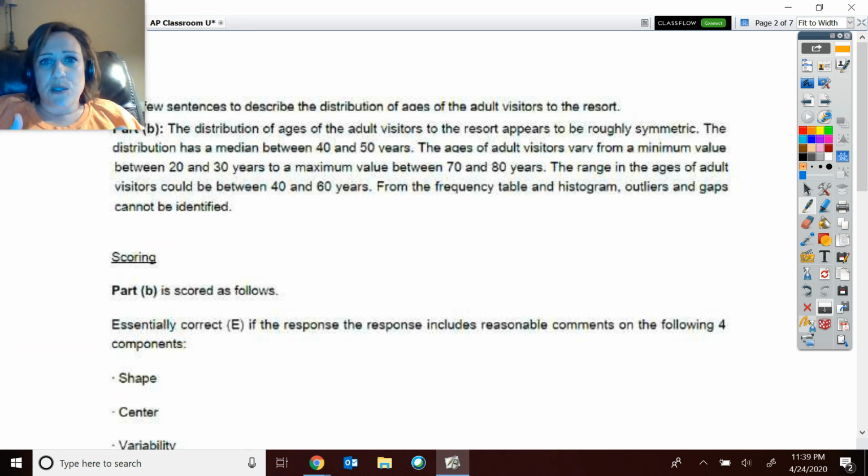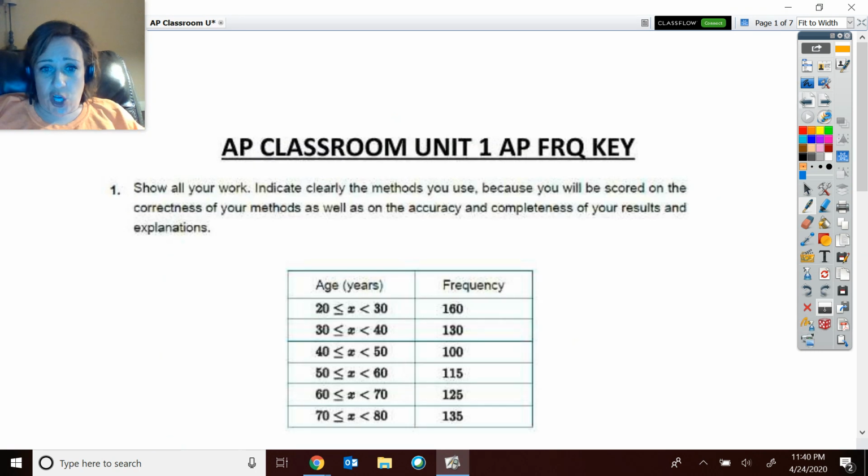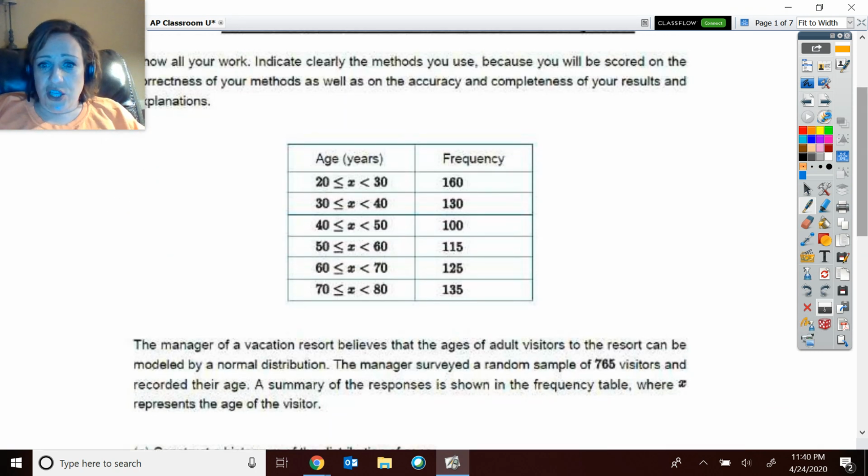I also added that it was unimodal, but I put how there were higher values on the outside edges and roughly symmetric. I can see that. Now, I actually went here and I calculated that there's 765 pieces of data. So that made the 383rd piece of data the median.